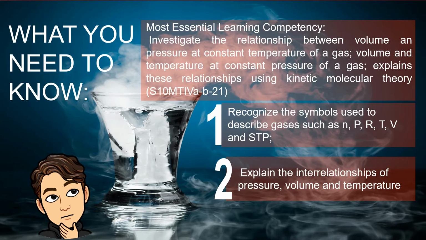Yung una is to recognize yung symbols used to describe the gas such as n, P, R, T, V, and STP. The second one is we are also going to try to explain yung interrelationship between pressure, volume, and temperature.